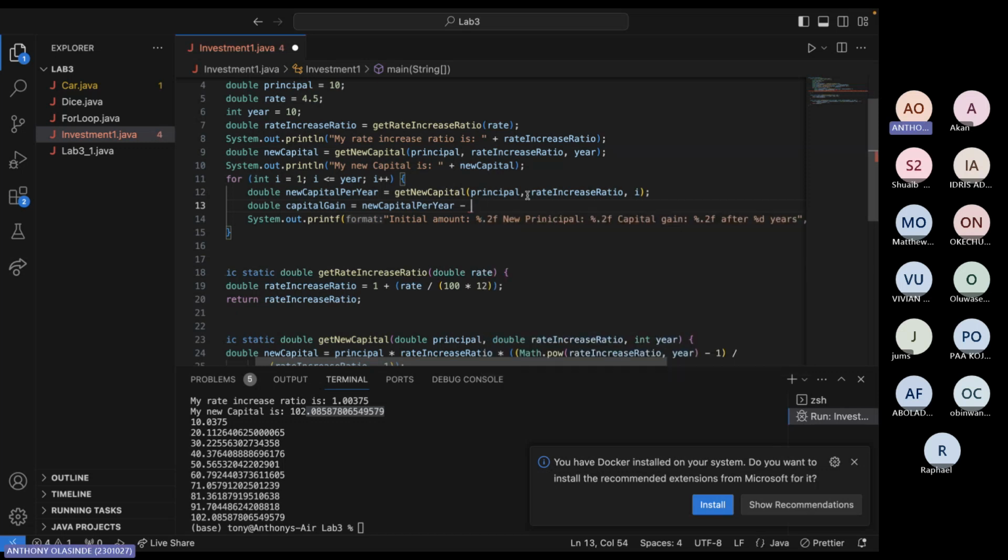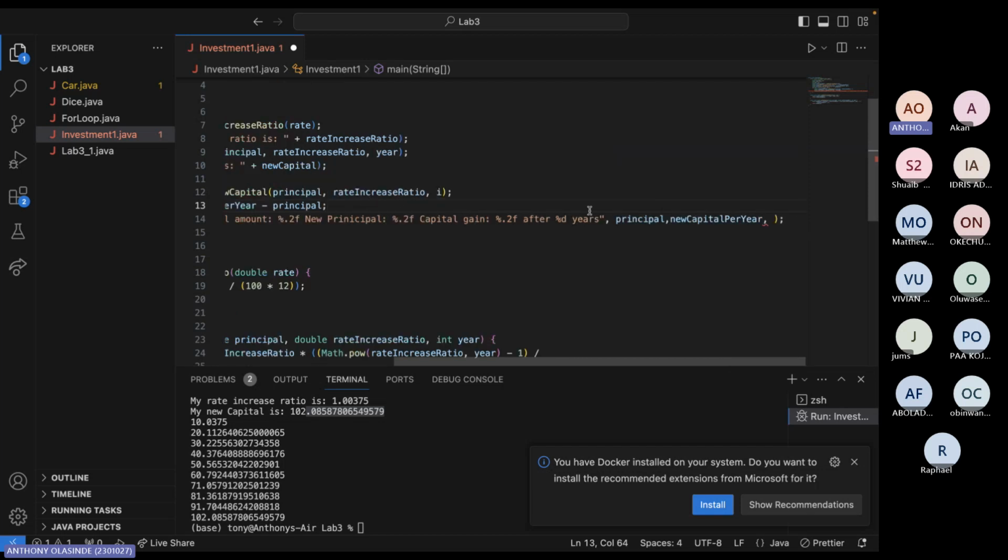The original principal, sorry, the original principal. So we are just trying to check what was the gain. So the new capital for this year minus what I deposited initially. So that gives us capital gain.